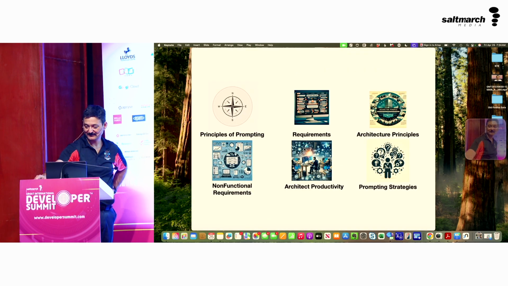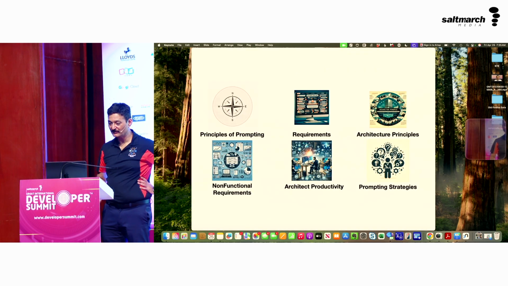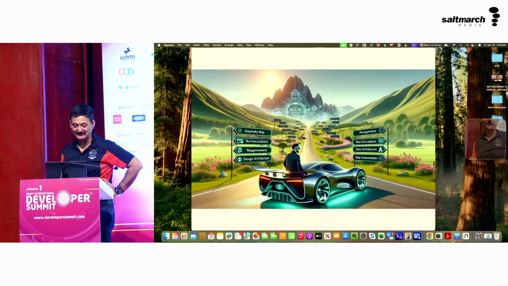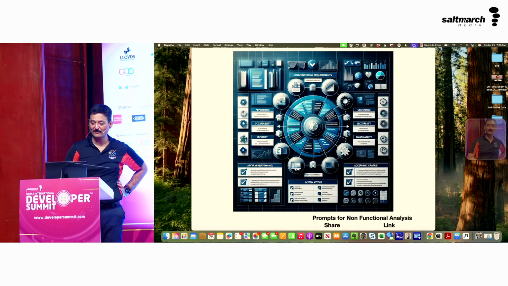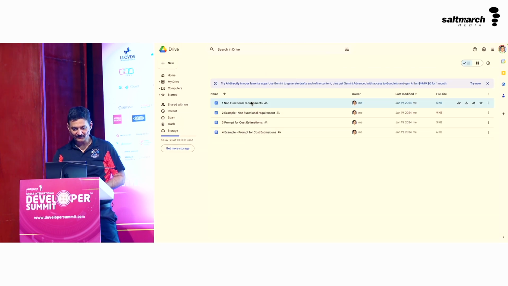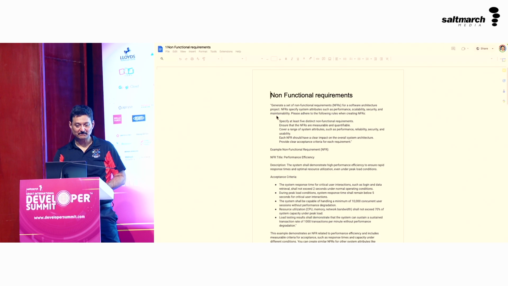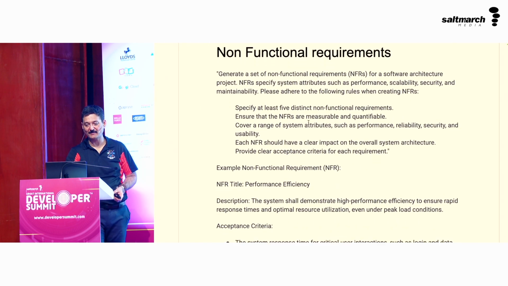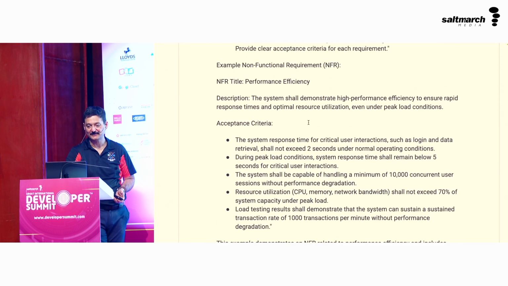Yes? Now what we're going to do is look, from our perspective, at a prompt for the non-functional requirements. I think we talked about non-functional, I'm not sure. Non-functional requirements: based on the above requirements, give me all the NFRs. That means performance efficiency. What performance efficiency do I need to bring in?